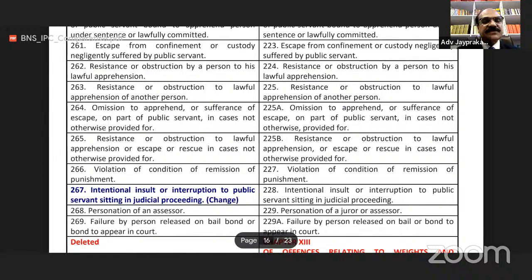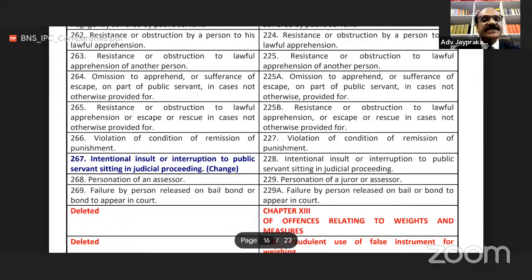BNS section 264, omission to apprehend or sufferance of escape on part of the public servant in cases not otherwise provided for. Earlier section was IPC 225A. BNS section 265, resistance or obstruction to lawful apprehension or escape or rescue in cases not otherwise provided for. Earlier section was IPC 225B.